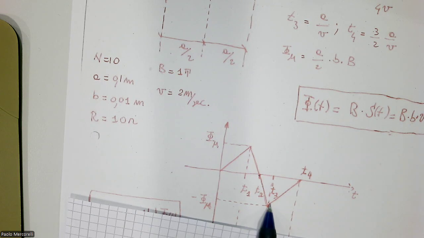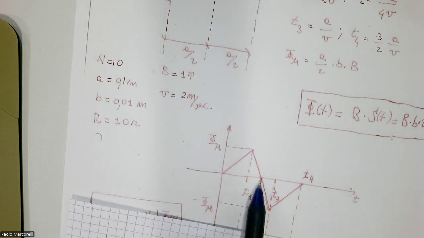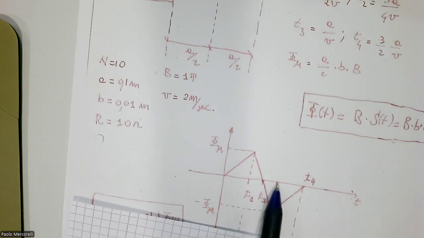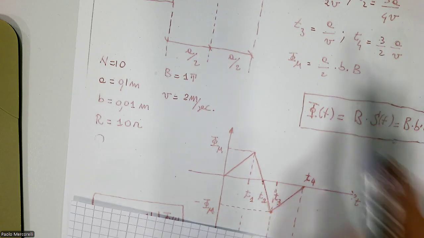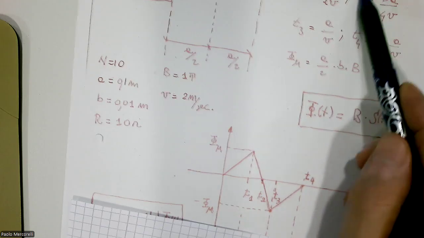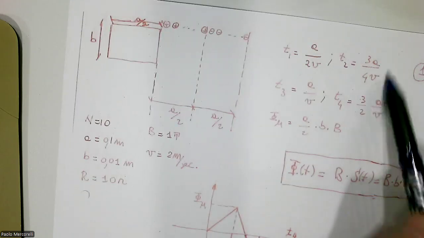What about T3? It's the same, the idea is the same. T2 plus half of T1, this element here, equals this element here. Intuitive, no? And A divided by V. Why that? Because T2 is this one.